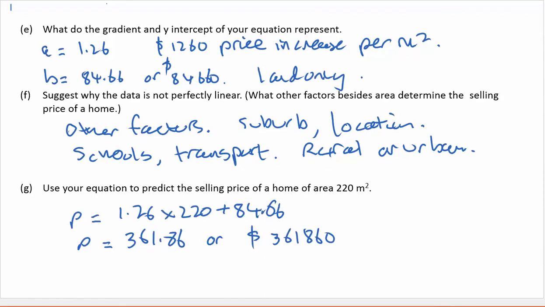In G, substituting that figure in, using the equation to predict the selling price of a home of area 220 metres squared, we end up with 361,860. Referring back to the original data, that prediction is within the given data set, so it would involve interpolation.